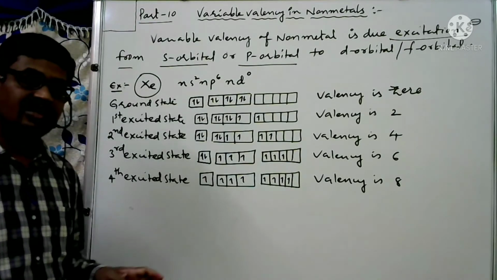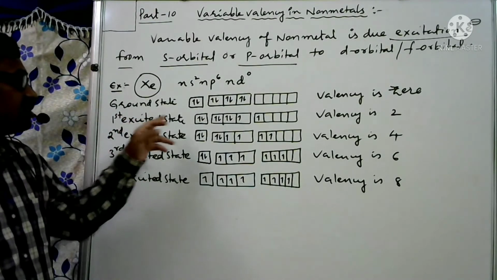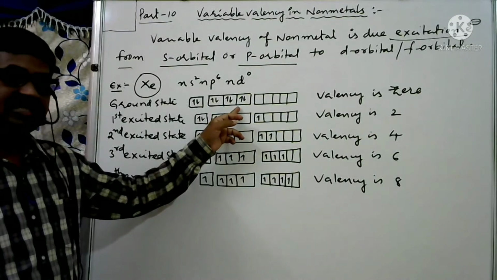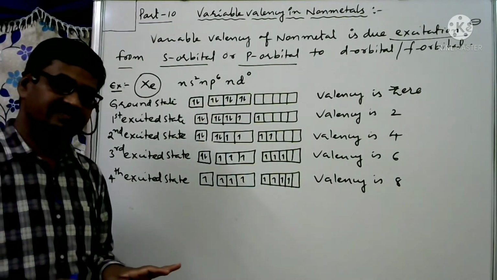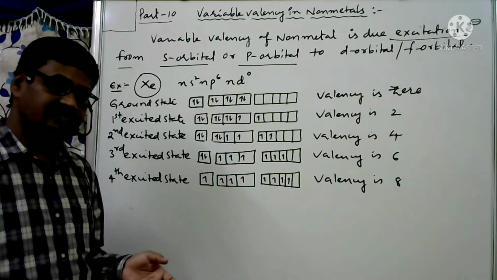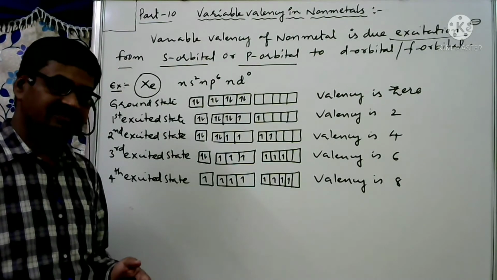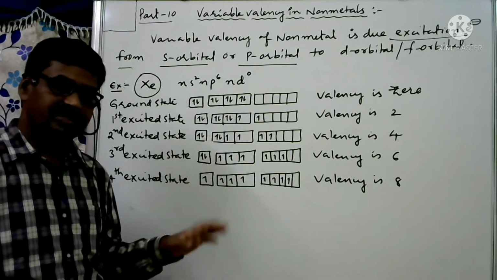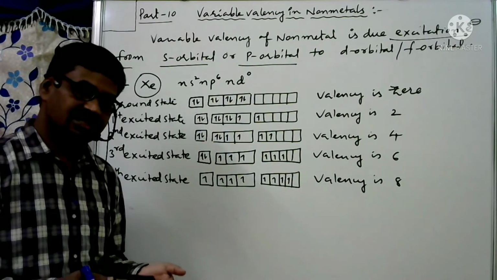For non-metals, it is due to the excitation of electrons. Ground state means the direct configuration, with no excitation. First excited state means that by absorbing some energy, the first electron pair splits.